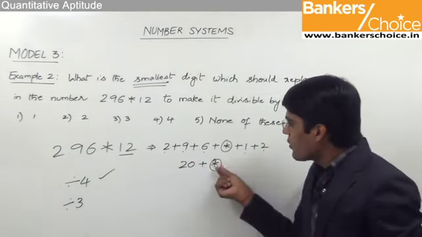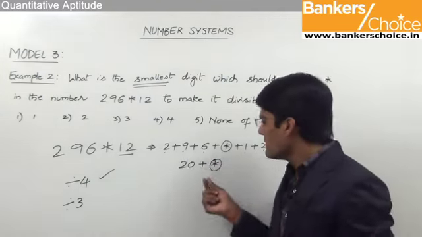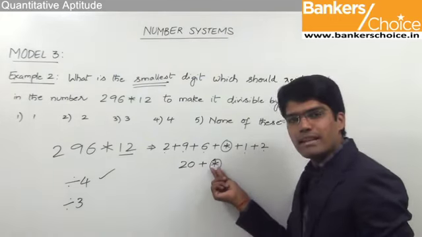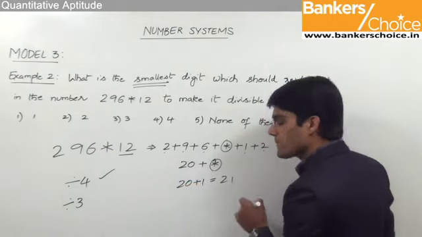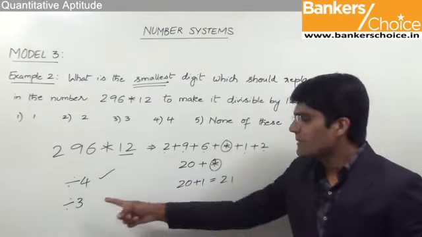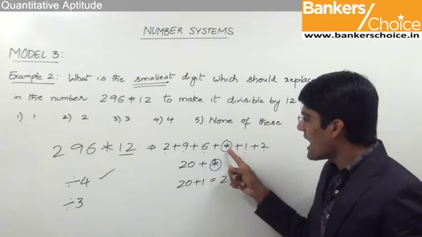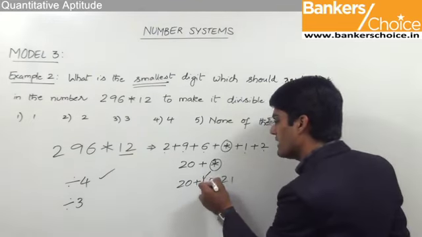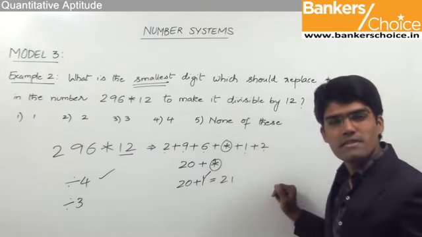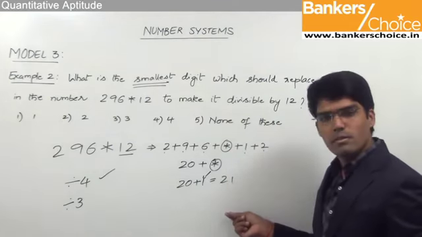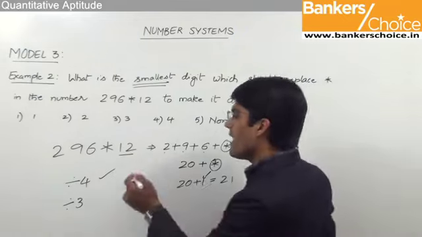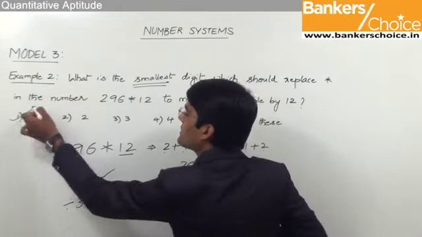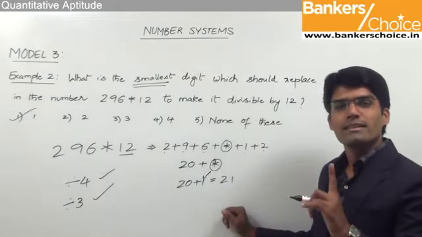Now if we go by the options, that is option number 1, we find that if star is equal to 1, the sum becomes 20 plus 1, 21. 21 is a multiple of 3. So definitely if star is replaced by the number 1, this number becomes divisible by 3. Since 21 is divisible by 3, the whole number will also become divisible by 3. So that is how we can say that the answer for this question has to be option number 1, that is equal to 1.